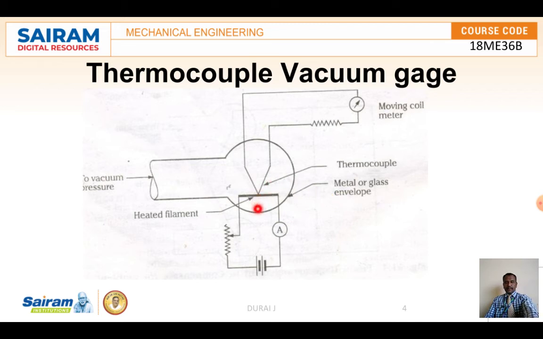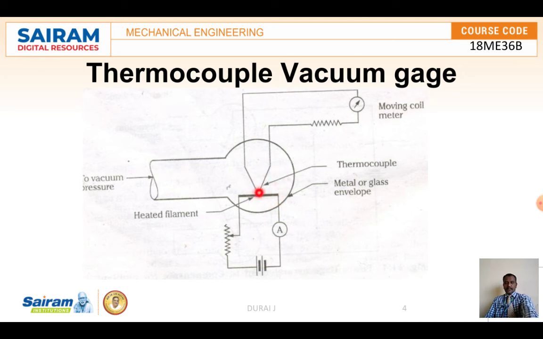It consists of the heater filament and the thermocouple enclosed in a glass envelope.